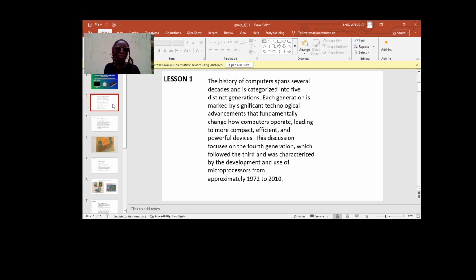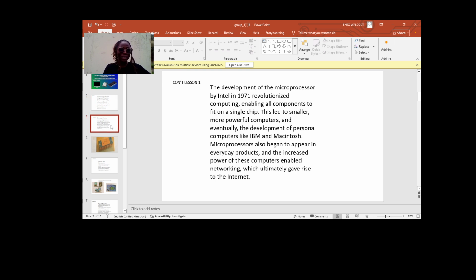Each generation is marked by significant technological advancements that fundamentally change how computers operate, leading to more compact, effective, and powerful devices. This discussion focuses on the fourth generation, which followed the third and was characterized by the development and use of the microprocessor from approximately 1972 to 2010.